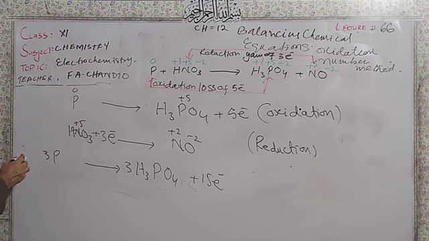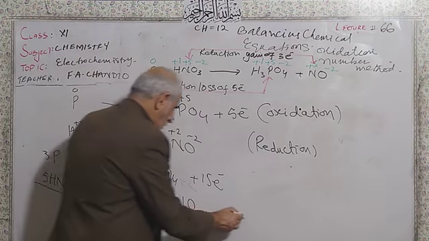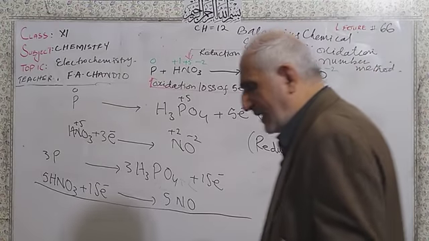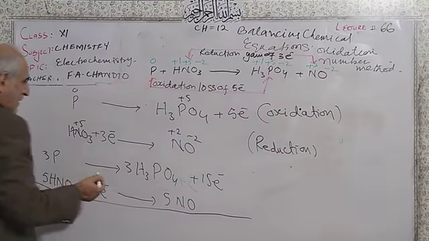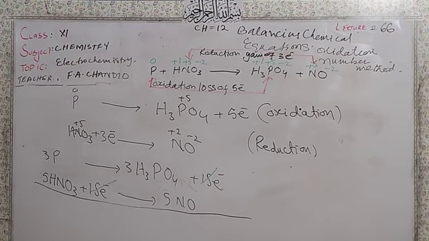Multiply by 5 this, 5 nitric acid, 15 electrons are reduced to give a 5 nitric oxides. Now students, you can easily add them because 15 electron oxidation and 15 electron reduction are going to be cancelled out.